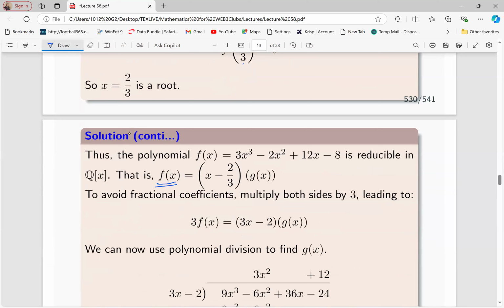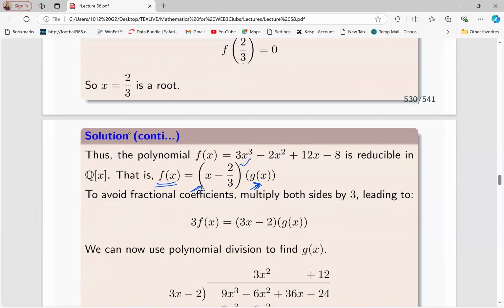I've said that the polynomial I've been given, f of x, can now be written as x minus 2 thirds times another polynomial g of x. Now, to get rid of this fraction, it's easier to multiply by 3, so I have 3x minus 2, and multiply the left side by 3 as well.